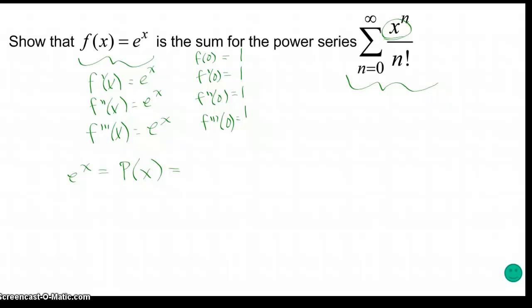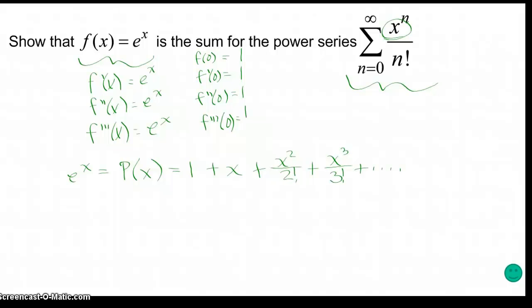And so it is 1 plus 1 times x minus 0 plus 1 over 2 factorial times x minus 0 squared. So I could even write it like so. And then the next term, 1 over 3 factorial times x minus 0 cubed, or x cubed over 3 factorial.